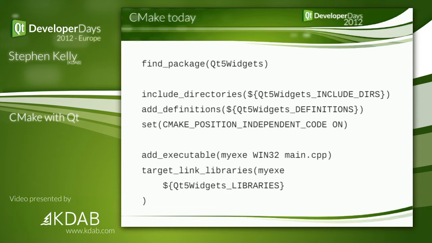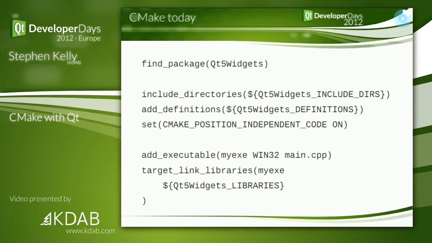And then once we've done that, we include the directories for it again, we set the definitions for it, but we also have to set position independent code to on. This is a new requirement in Qt5 that you need to compile with -fpic. If you want to know why, you'll have to talk to Tiago or read all of his blogs about it. It's very complicated stuff about linking and relocations and all that kind of thing. And then it continues as before, add executable and target link libraries.